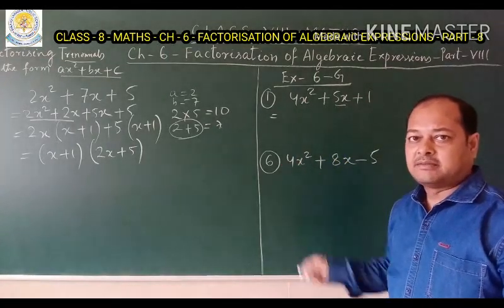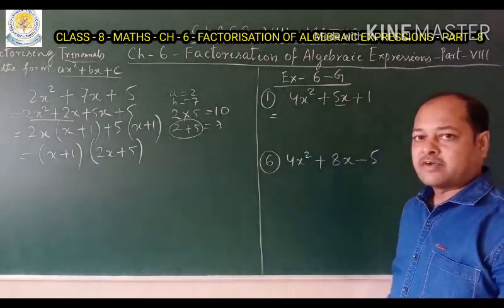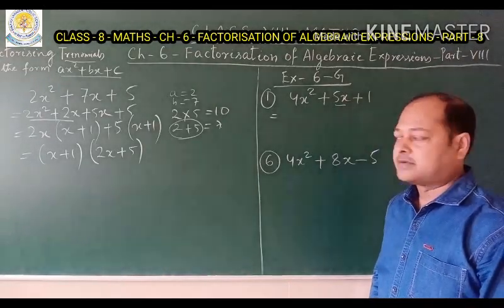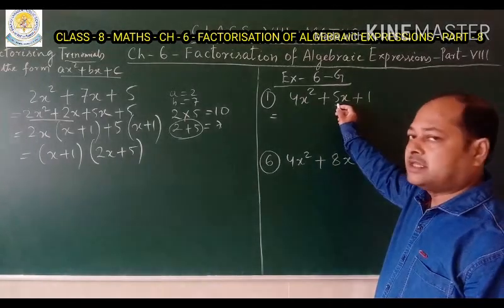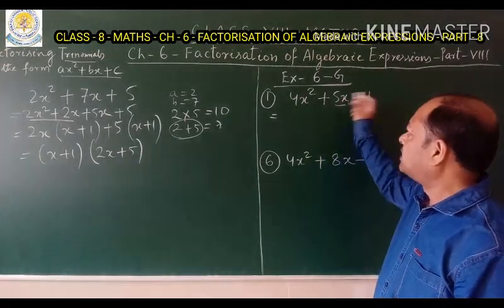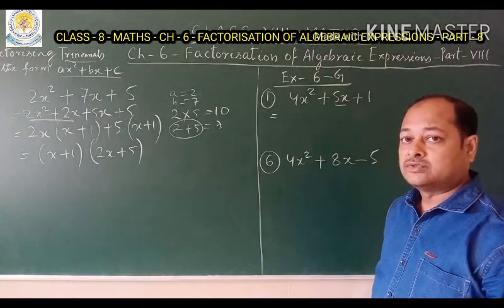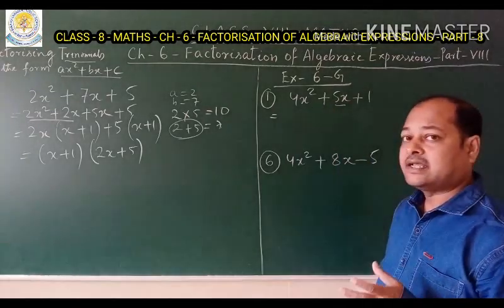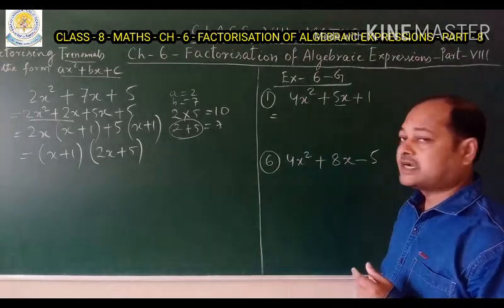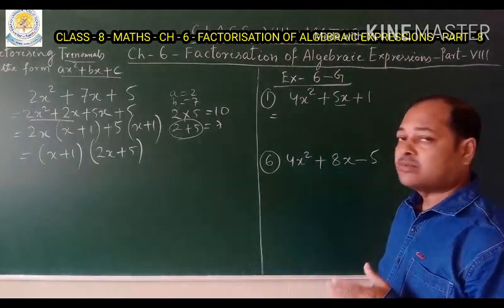So what is the middle term here? That is 5x. 5x is the middle term. So you have to break 5x such that in addition it will be 5 and in multiplication it will be 4. So which are the two numbers? If you multiply it will be 4 and adding it will be 5, that is definitely 4 and 1.